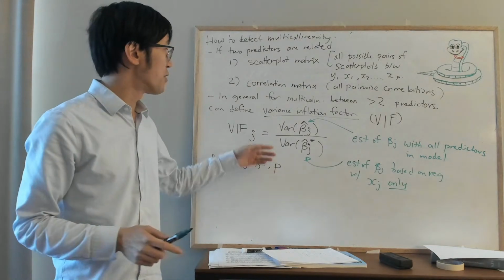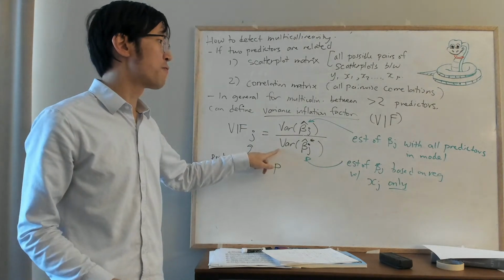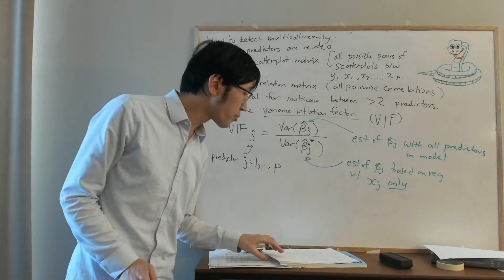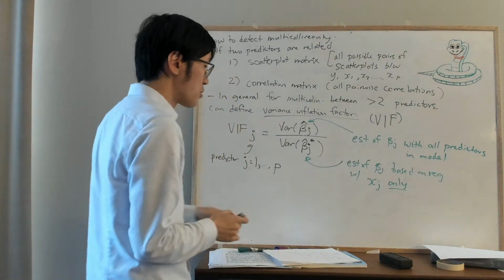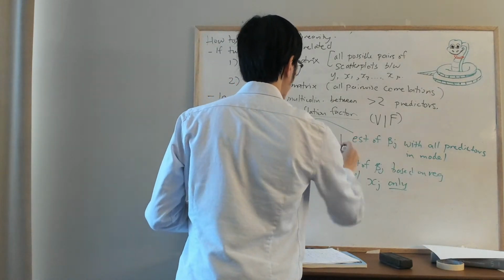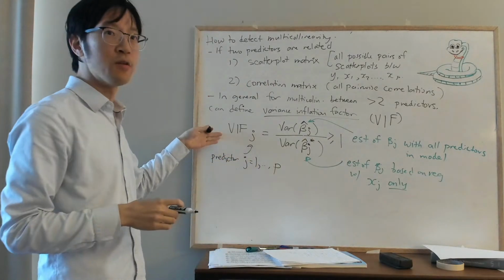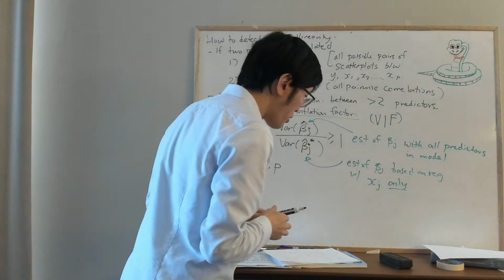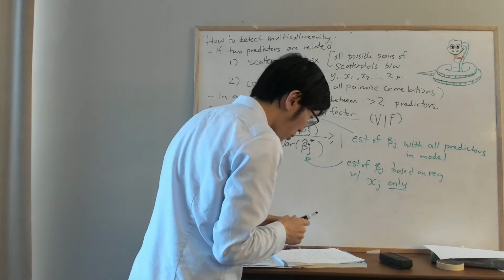To calculate it, we fit two regressions. We fit the full model with everything, and we fit the model with just that predictor. It can be shown that this ratio is always larger than 1. The proof of this fact, and then we're going to write this in a slightly more convenient form, requires quite a bit of linear algebra, so we won't go into that for our purposes.